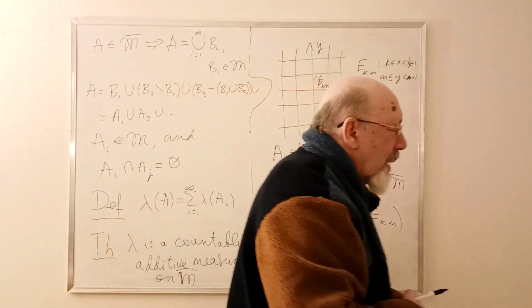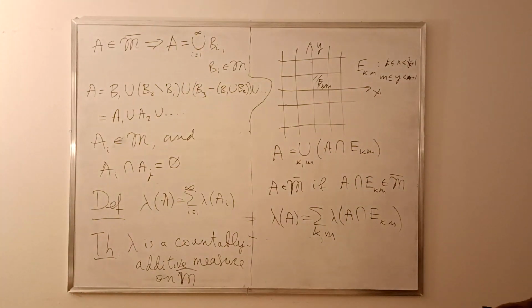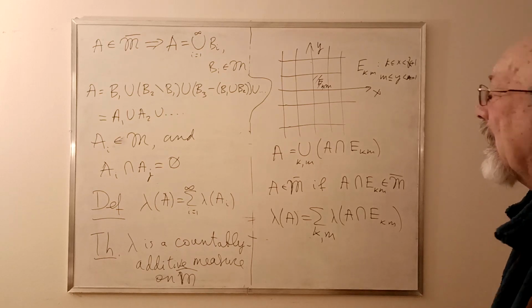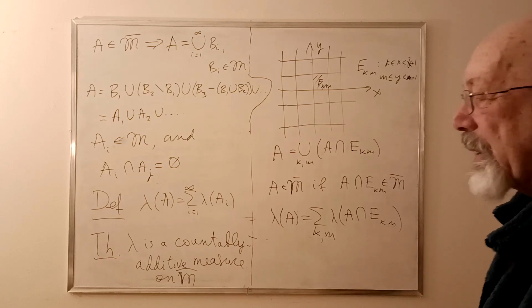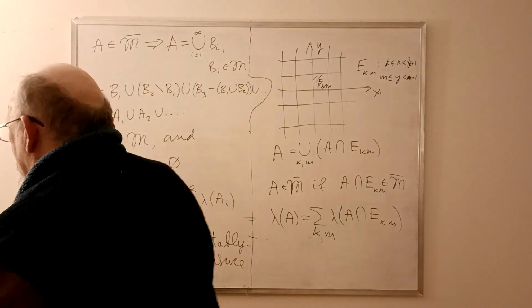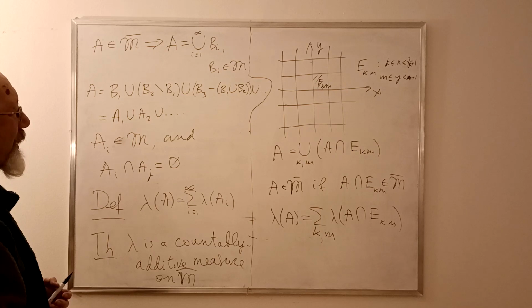But this is mostly less interesting, so we can mostly consider what happens in the unit square. Now, what can be said about these measurable sets?